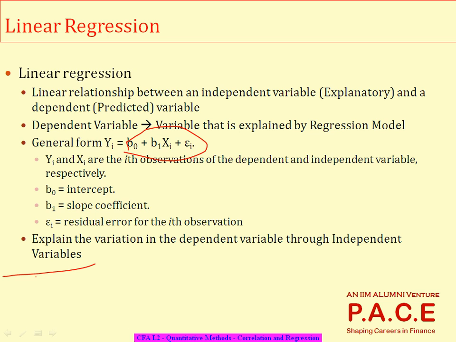The normal beta which you use in equity relationships, even CAPM, RF plus beta times RM minus RF, actually comes from this regression equation itself. So the coefficient of x in any linear relationship is nothing but the beta.